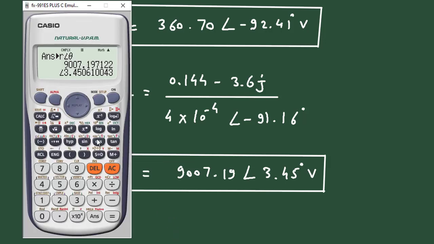Let's verify again: 0.144 minus 3.6 j divided by 4 into 10 to the power minus 4 at an angle minus 91.16. So it is this much. Shift to 3, so it is correct.